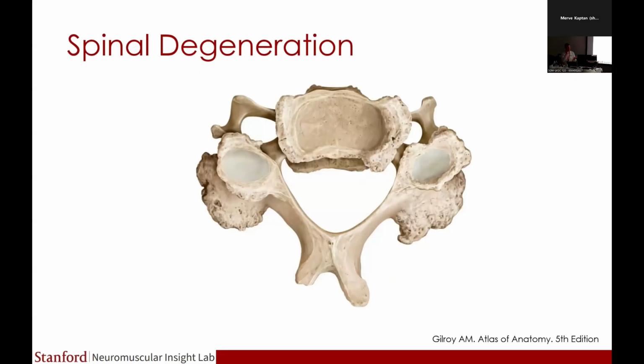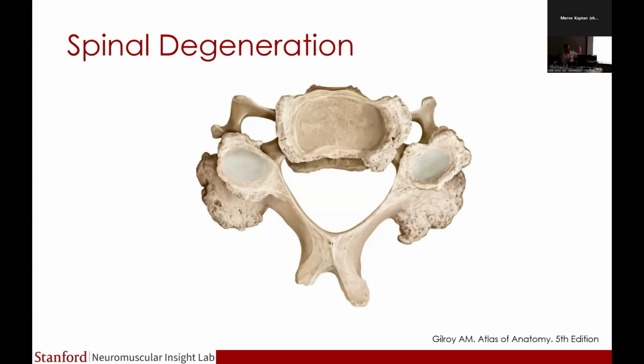So I talked about the bones. I talked about the ligaments. I talked about the intervertebral discs. All of these structures, as you age, go through wear and tear, and they can break down and change. And this is spinal degeneration. Just the same processes that happen in hip joints and knee joints are also happening in the spine.